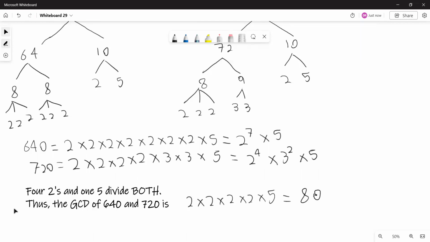Okay, so that's the greatest common divisor, and the least common multiple, from the name, as you may imagine, is the smallest number that is a multiple of both numbers.